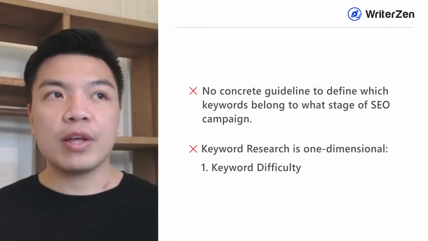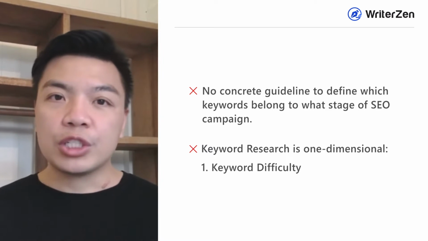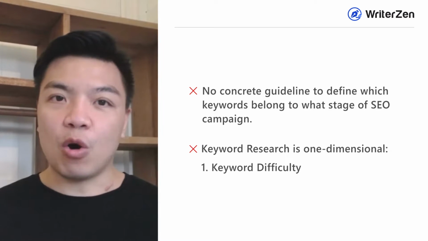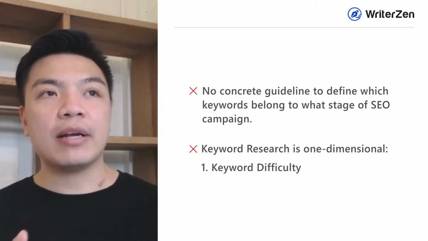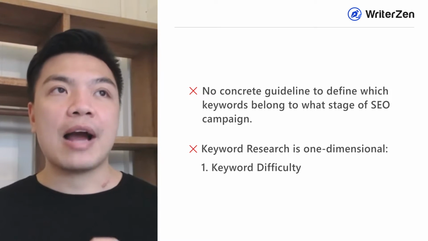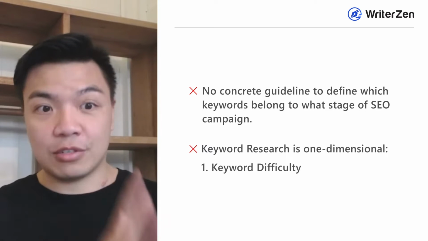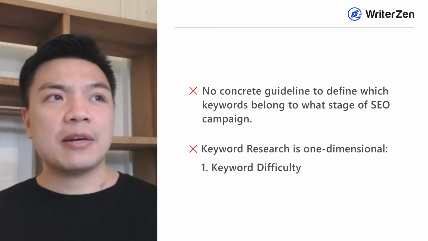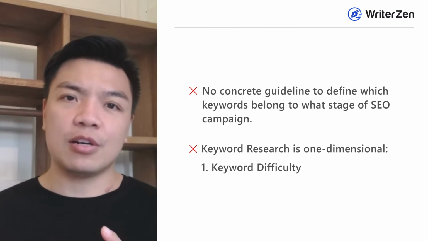But the problem with keyword difficulty scoring is Google changed very quickly over the years. For example, back in the day, keyword difficulty was defined also by the amount of backlink data that a SERP position would have. And the issue is backlinks slowly became obsolete over the years.